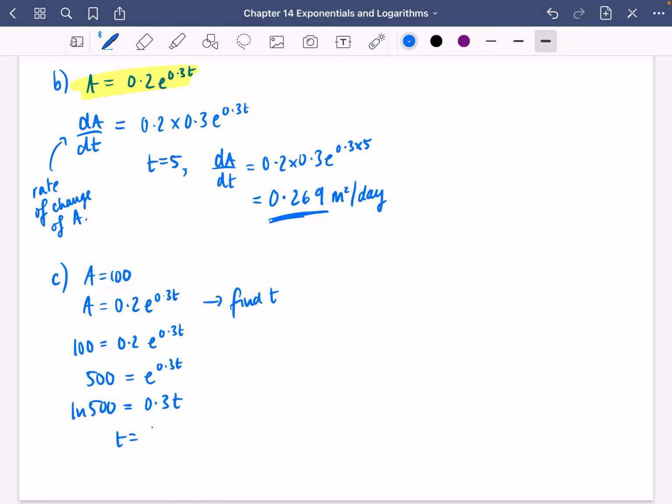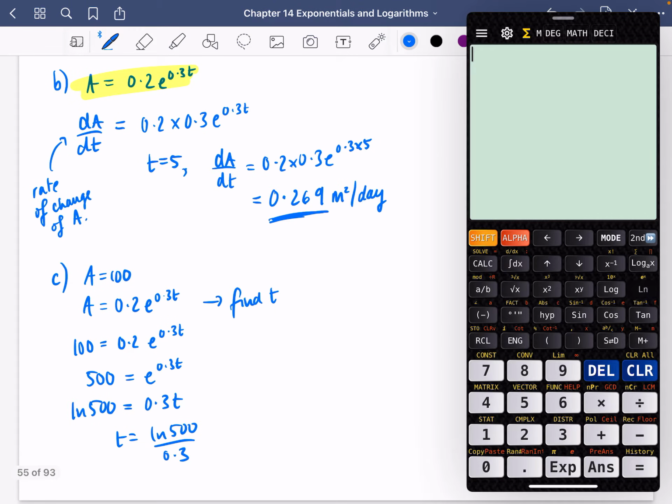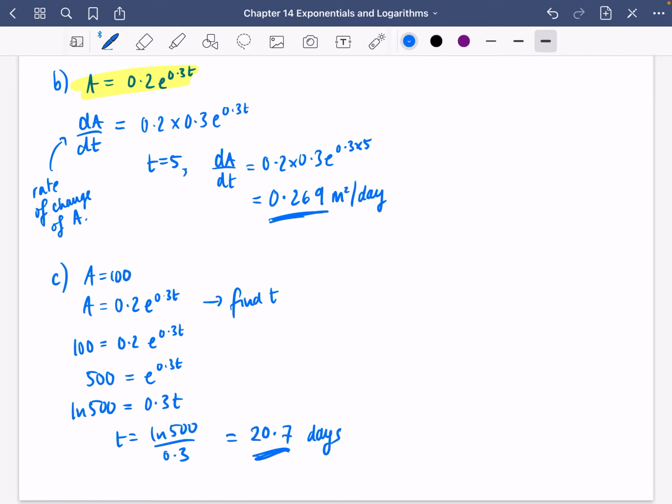And so t is going to be ln 500 divided by 0.3, which is 20.7 days. Seems reasonable. It's going to fill up the whole pond in 20.7 days.